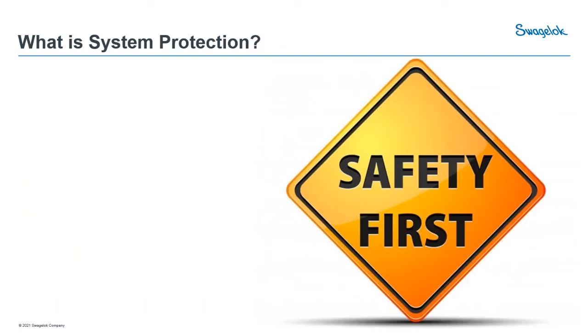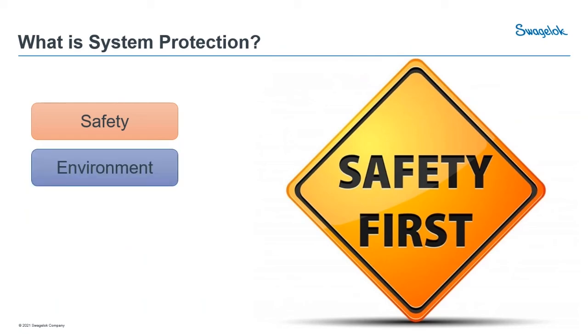When I use the phrase system protection or system safety, you may have several thoughts as to what that means. So just to keep us all on the same page, here's how we're going to define it. We're going to talk about safety, meaning personal safety for yourself and your coworkers. We're going to talk about the environment, protecting the immediate area of your facility and the surrounding geography.